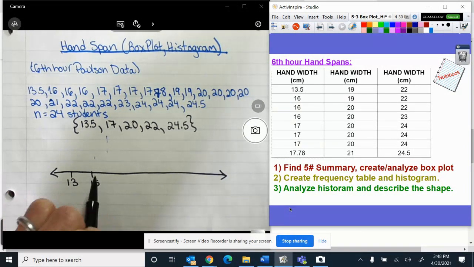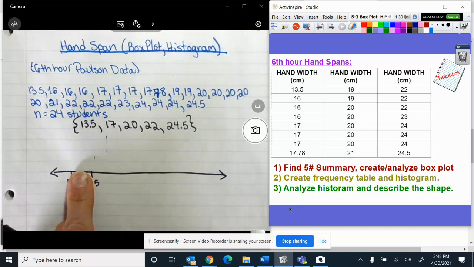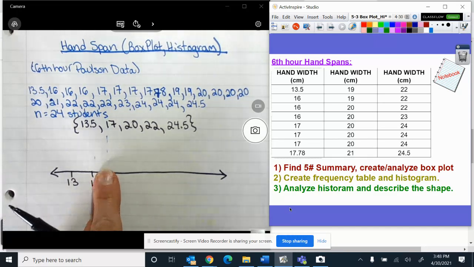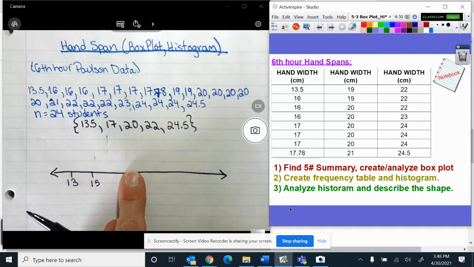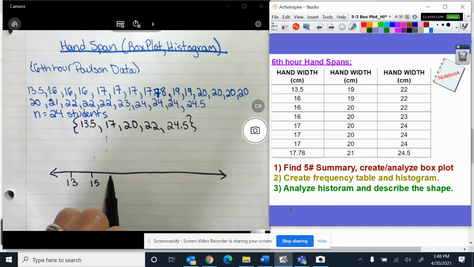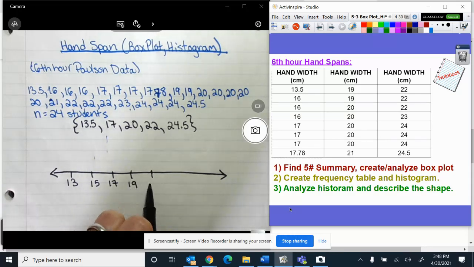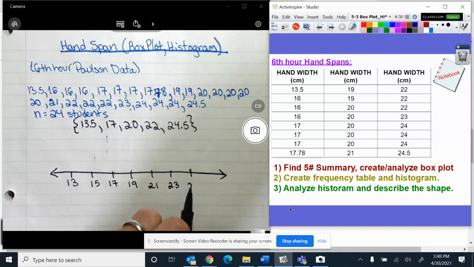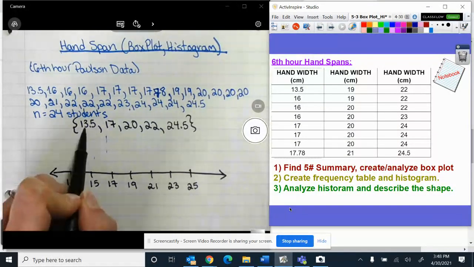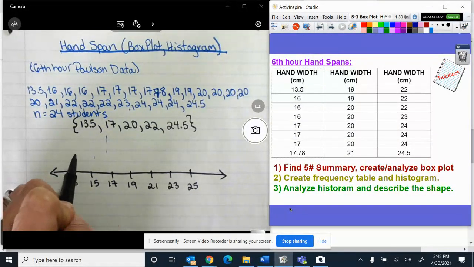And I'm going to do my best to be consistent in how I create my marks on my line. And then I'm going to mark the minimum, which is just past 13.